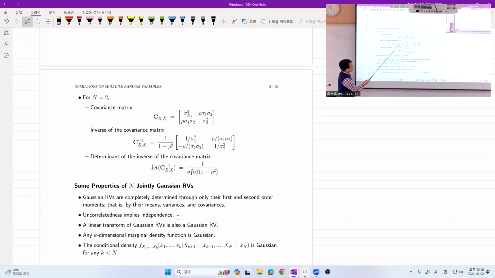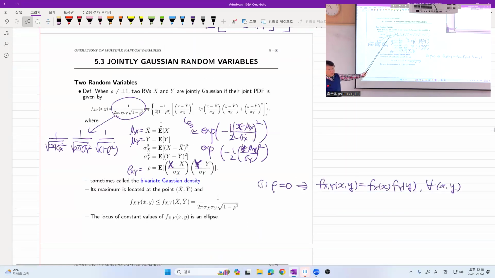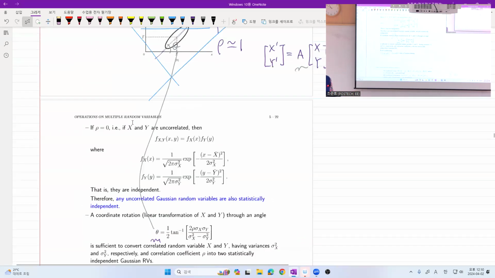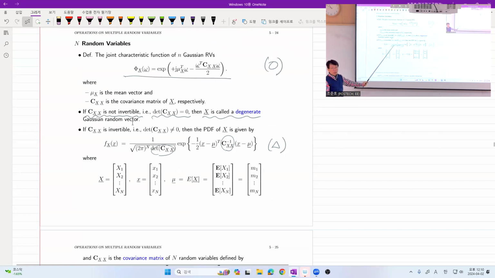And now you plug into the general form, and eventually you have that uppermost two-dimensional Gaussian density here. Got it? So this is nothing but a special case of this general Gaussian density function when n equals 2. Got it?